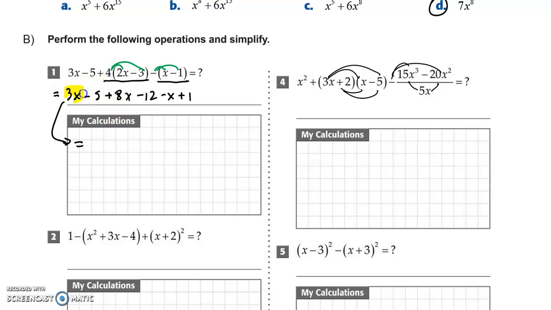So let me highlight, I've got a 3x, a positive 8x, and a negative 1x. The three of them together are going to give me 10x. And then I've got the negative 5, negative 12, positive 1, is going to be negative 17 plus 1 is negative 16. And you're done.